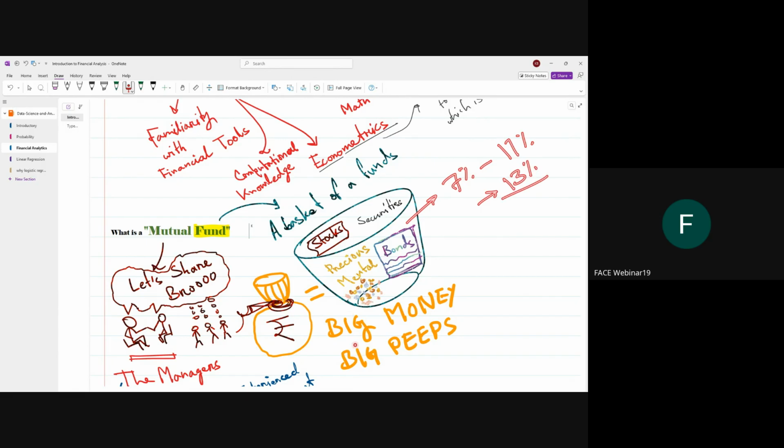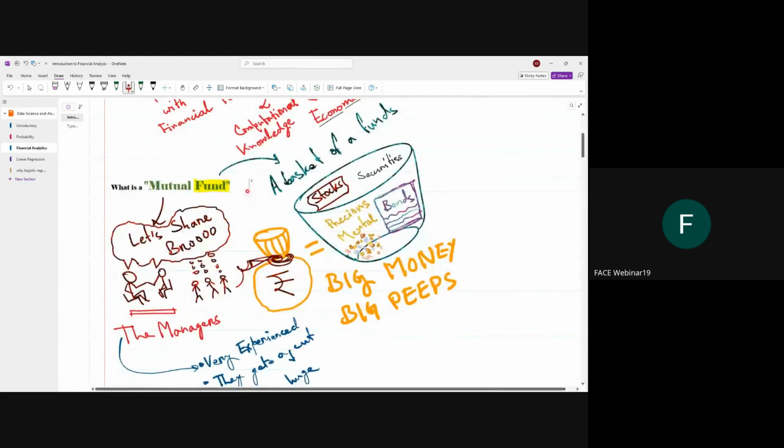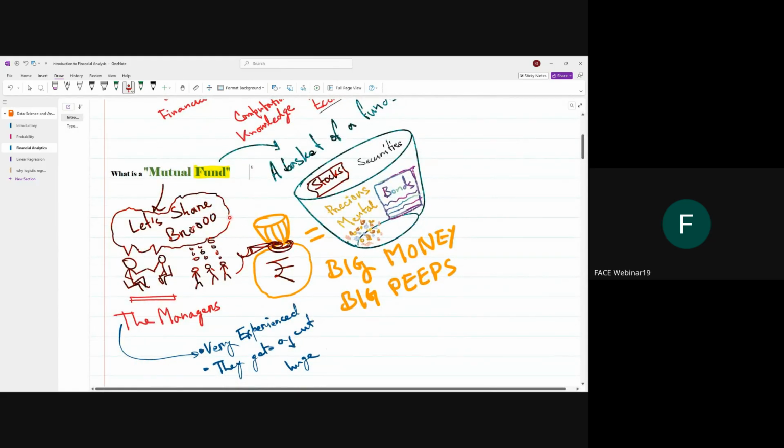This varies. So we don't have that much money, right? So who makes this decision? What happens is that every fund has a manager. The manager is very experienced, with a diverse set of experience in the field of finance and investing.